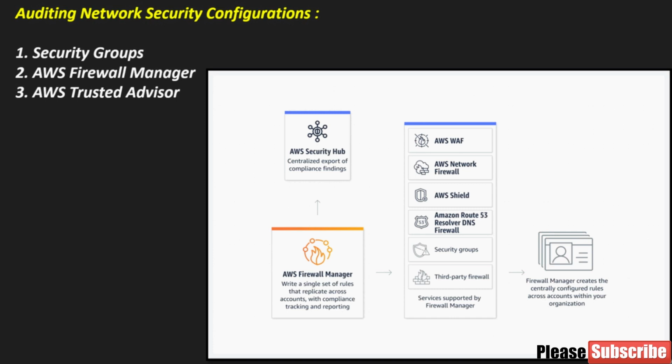Regularly auditing network security configurations through services like security groups, AWS Firewall Manager, and Trusted Advisor ensures ongoing compliance and protection against evolving threats. So embrace these tools and practices to fortify your AWS environment and stay ahead in the ever-changing landscape of cloud security.